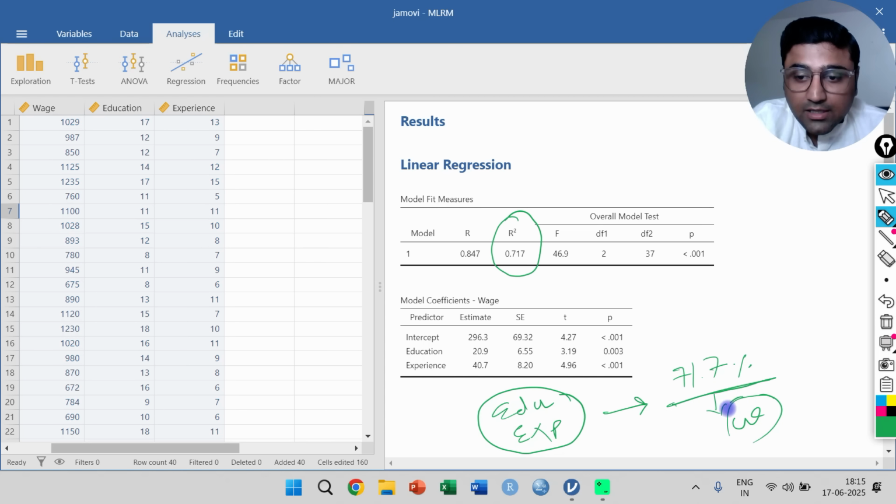So that's the idea of multiple linear regression model.